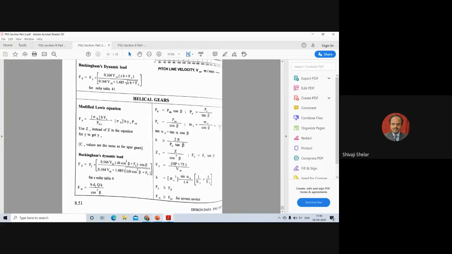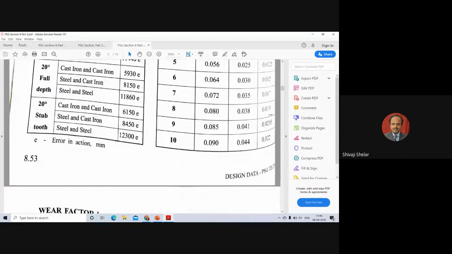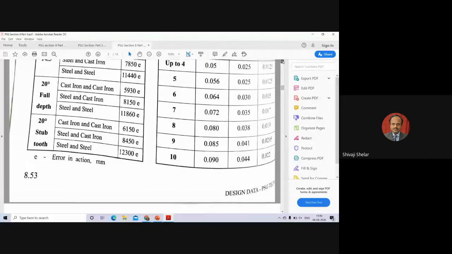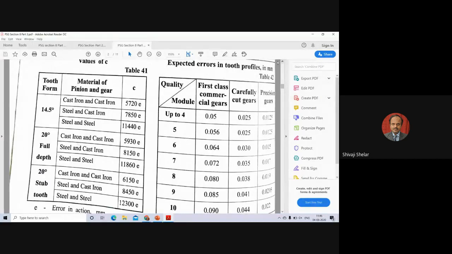See, we are selecting the value of C here from table number 41, from 8.53 page. We have both the pinion and gear material as steel. So my combination is 20-degree full depth involute, pinion is steel, gear is steel. So my formula is 11860 into E, where E is in millimeter here. This E value we will be getting from table number 42.